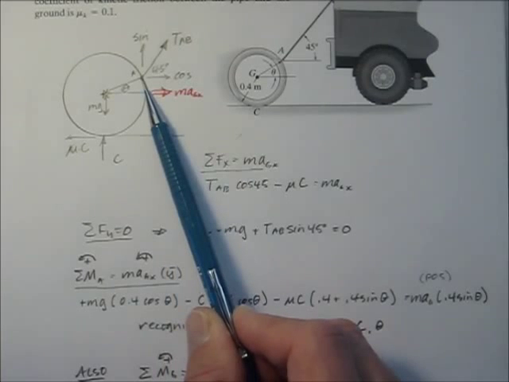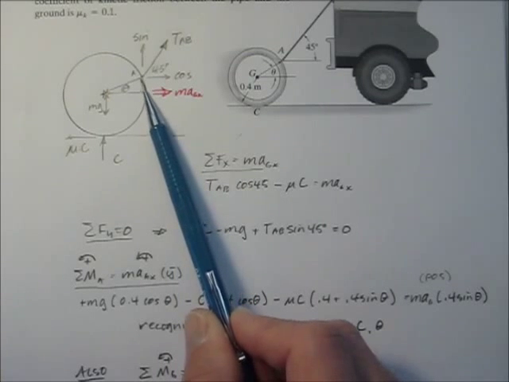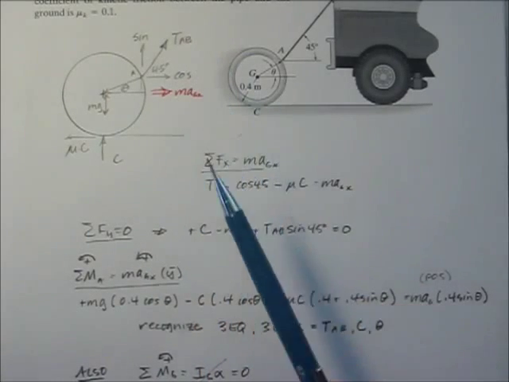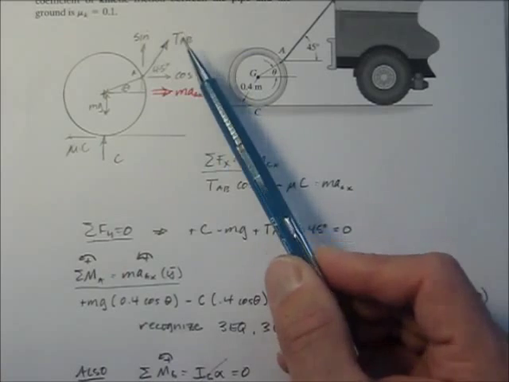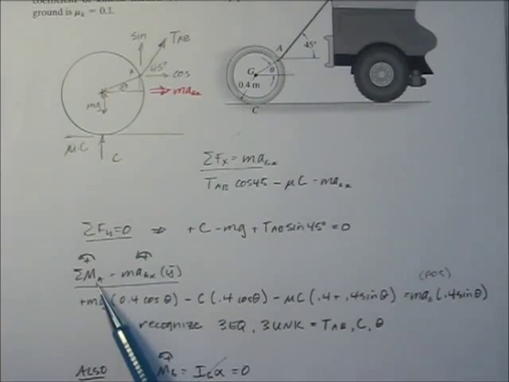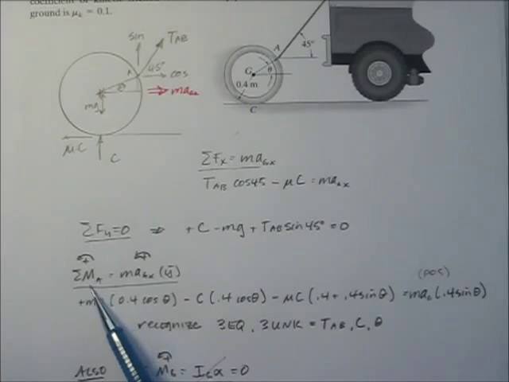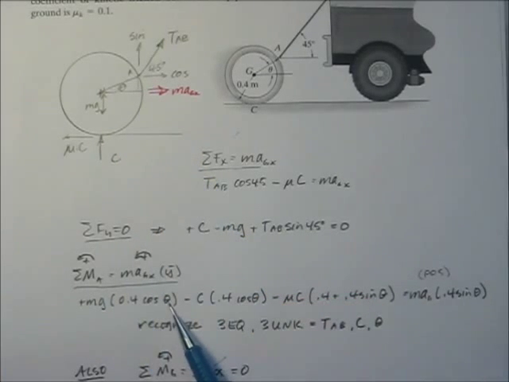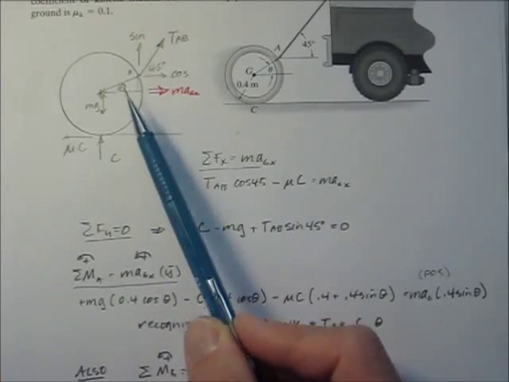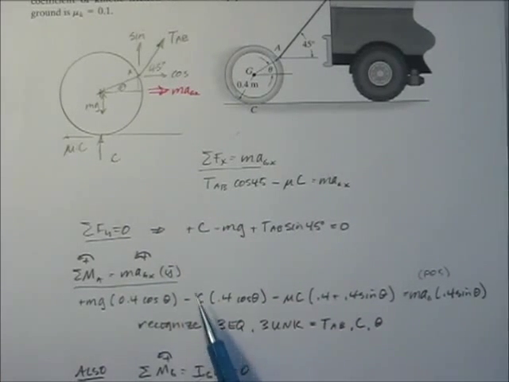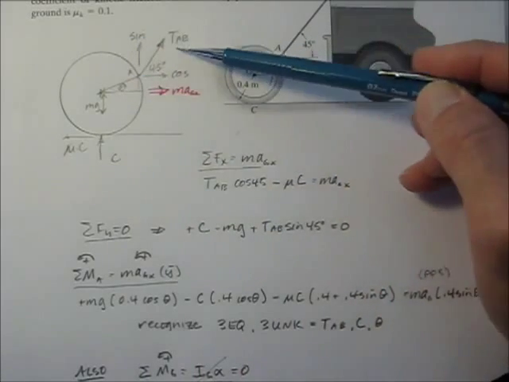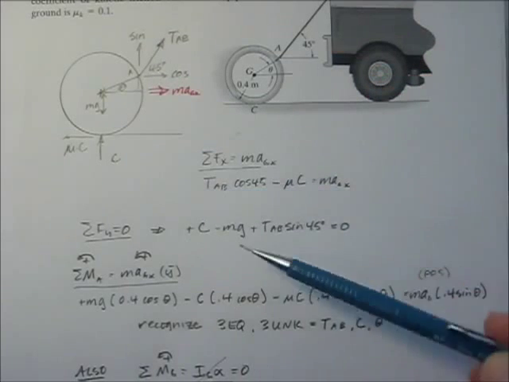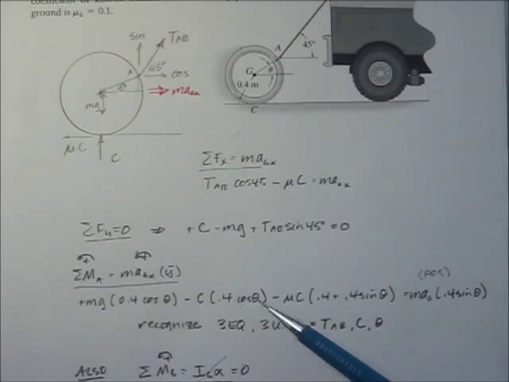I'm doing moments about point A, which means that I have this piece right here as a lever arm. If I call counterclockwise my positive direction, I've got mg times this distance right here, which is 0.4 cosine theta, that's my theta, minus, in trying to rotate in this direction, I've got c times that same distance, so c times 0.4 cosine theta.